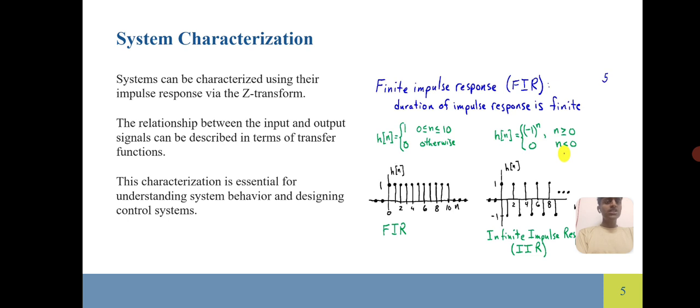The relationship between the input and output signals can be described in terms of the transfer function. This categorization is essential for understanding the system's behavior and designing control systems. These are the formulas you use: finite impulse response and infinite impulse response.